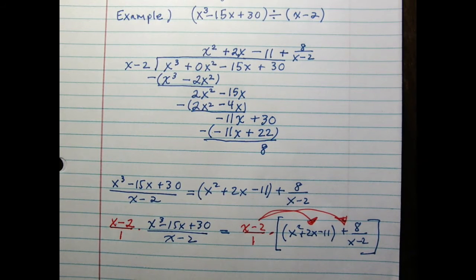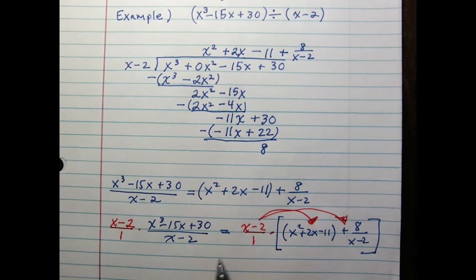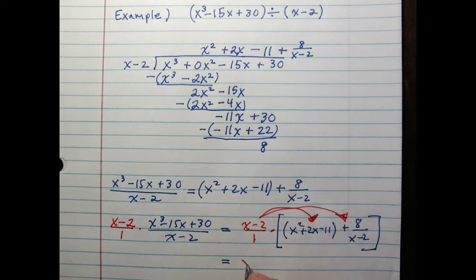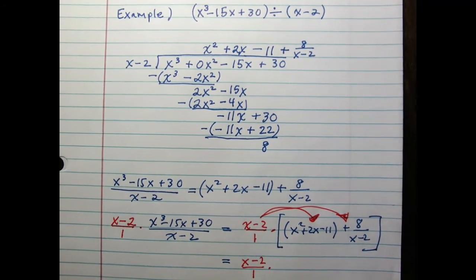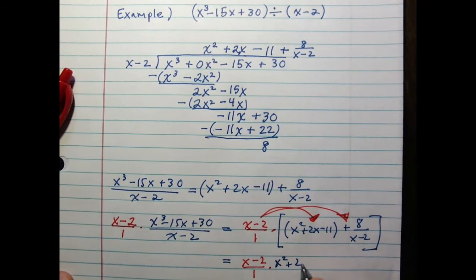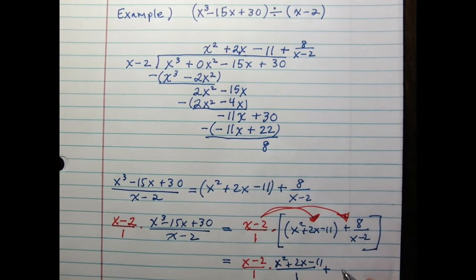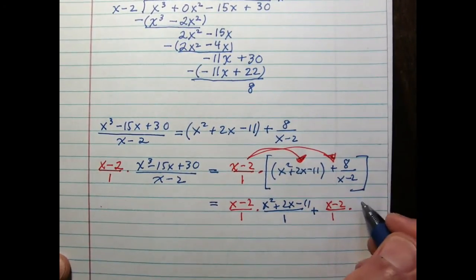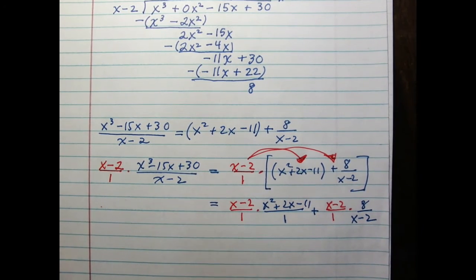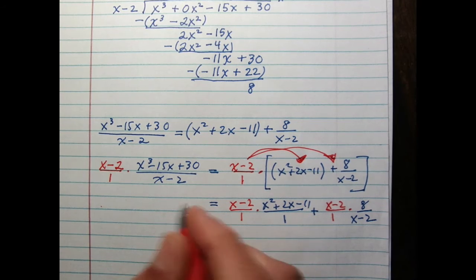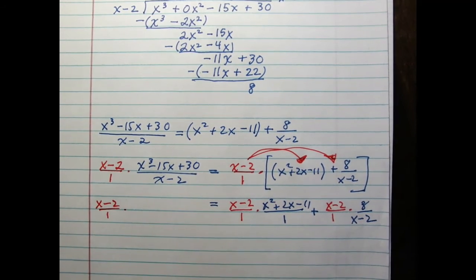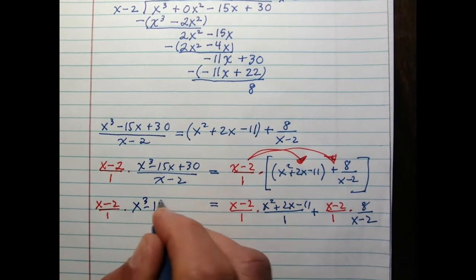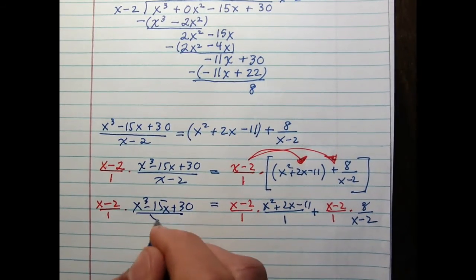Now, when I distribute, I get x minus 2 over 1 times x squared plus 2x minus 11 over 1, plus x minus 2 over 1 times that fraction 8 over x minus 2. And just recopy here so I have everything along the same line.